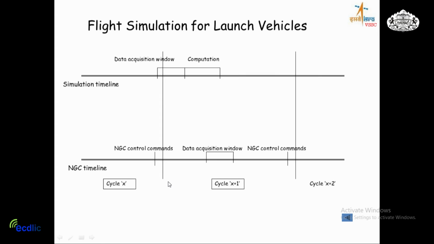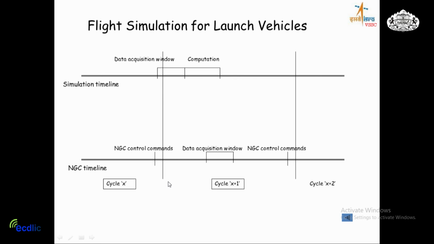There have been times when our simulation computer has not worked properly. So we did not get the data at this point; we got it at x plus 3. It showed a lot of delays and a lot of instabilities which were actually not there.